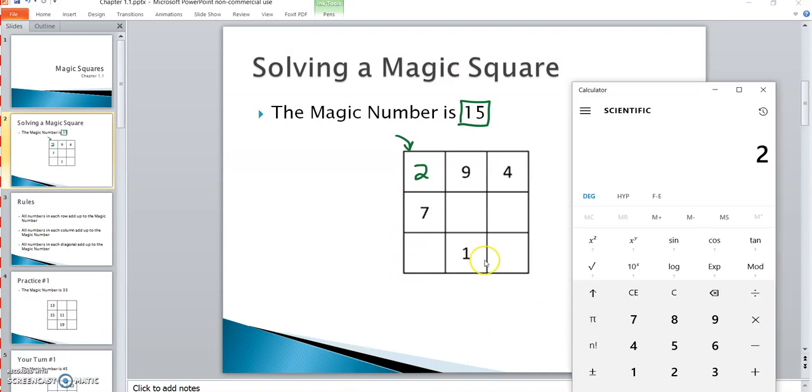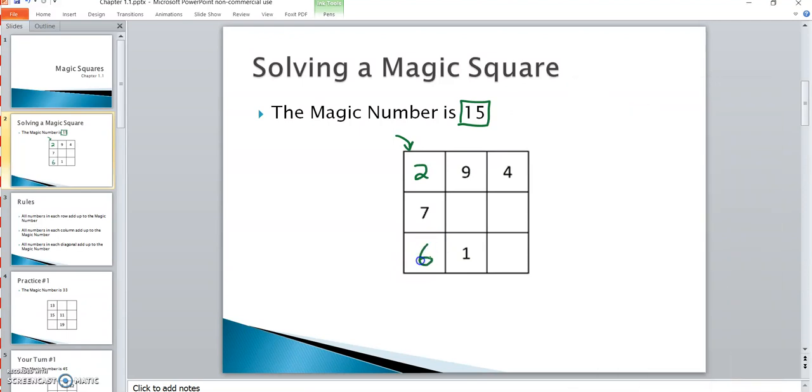And I can do the same thing right here. Start with my magic number and take away 2 and take away 7. And this will give me 6. So what I'm doing here is I'm figuring out the number that adds to 15. 2 plus 7 plus 6 equals 15.